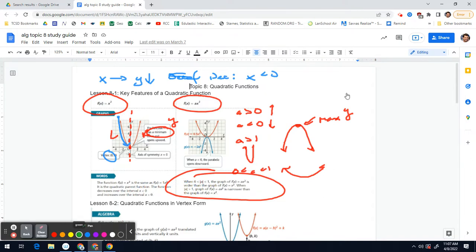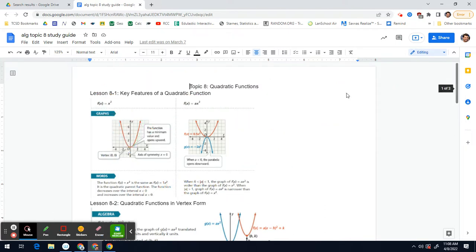If we do the right side, starting at the vertex and going to the right, now we're going up. My y is now going up. That means I'm increasing, and that would be when x is greater than 0. So your intervals are based off of the x values, but it's how the y is changing. Is the y going up or going down? Very important stuff there on the characteristics of a quadratic.